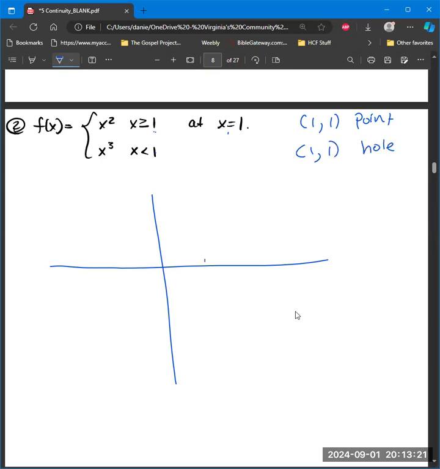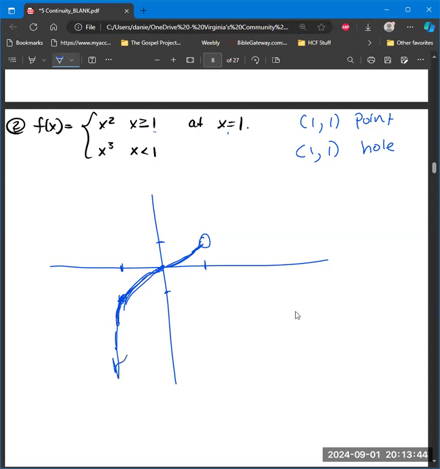So let's draw the part with the hole first. 1, 1, and it's going to go through 0, 0, -1, -1, and it's going to be a cubic function like this. And it's going to go down like so.